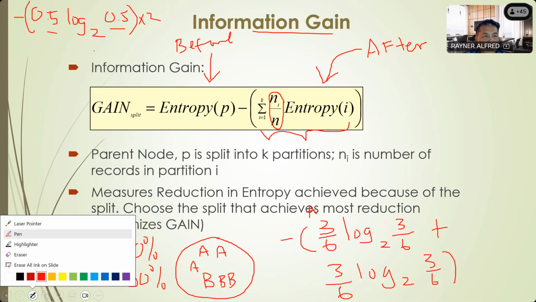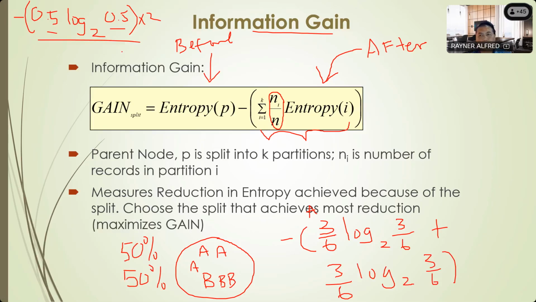Okay, so what is the value for this? Anyone?